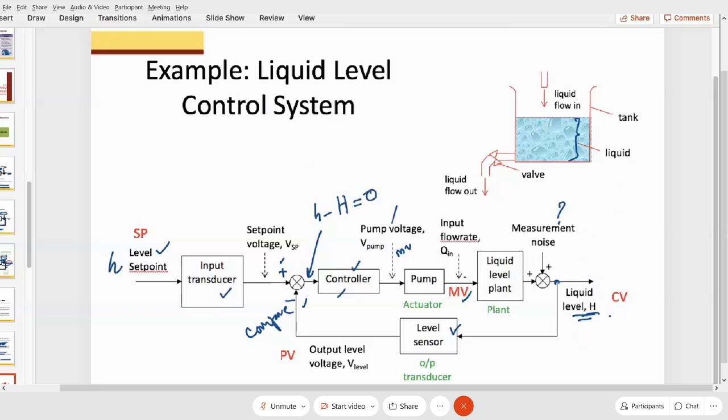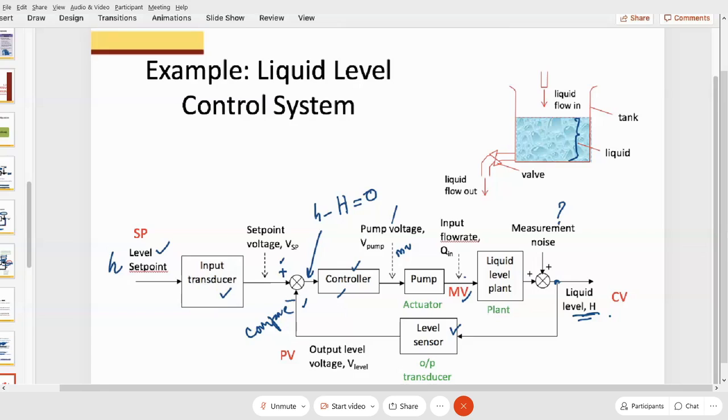Okay, so from the open loop, you can convert to the closed loop and draw the block diagram and represent all the blocks with the components that we use.